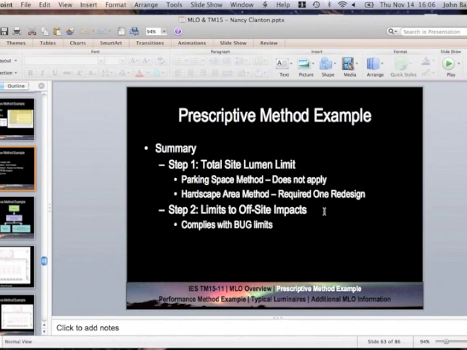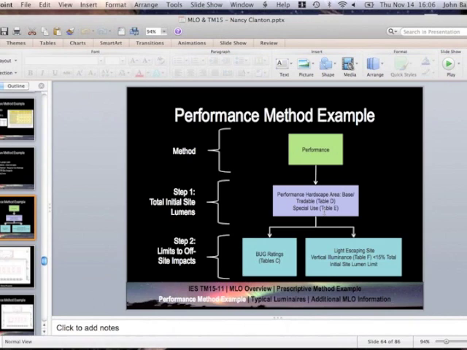Now, if we took that same example and did the performance method, we basically go through a similar path as prescriptive. Look that the performance hardscape area has a base with tradable and special use. And the special use are non-tradable areas. Then as we go down, we've got two different paths.